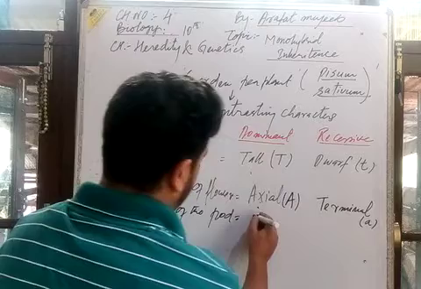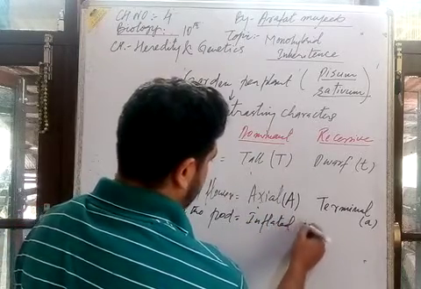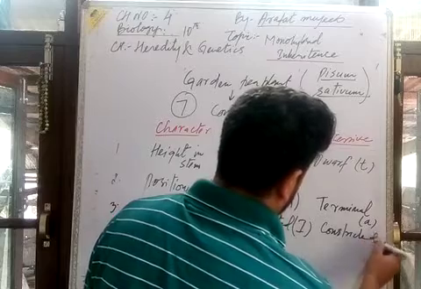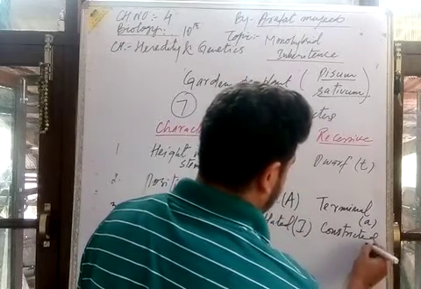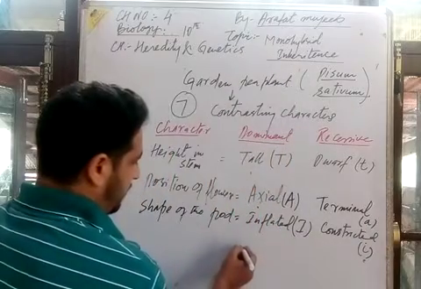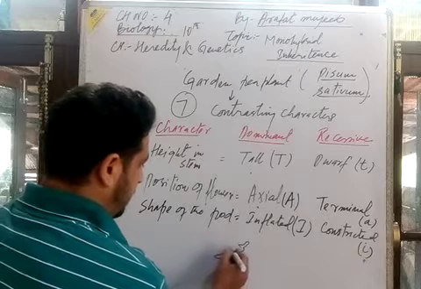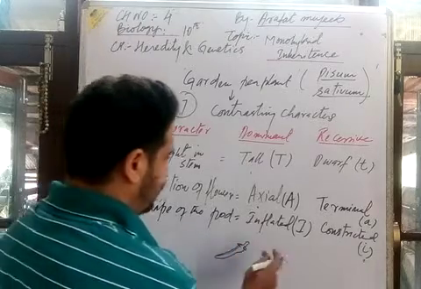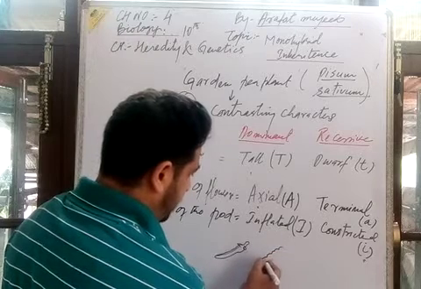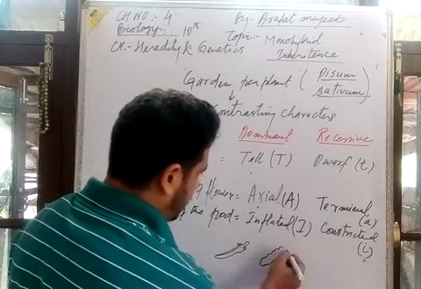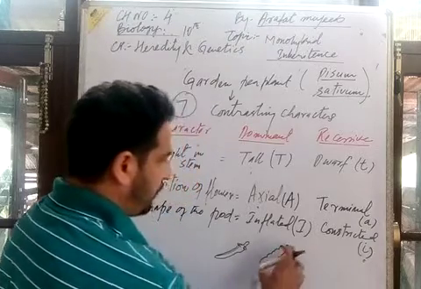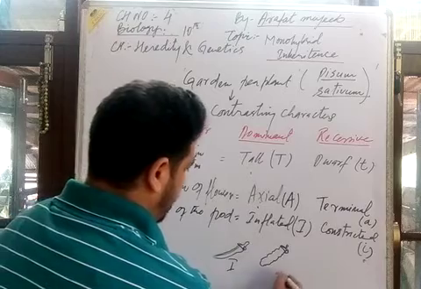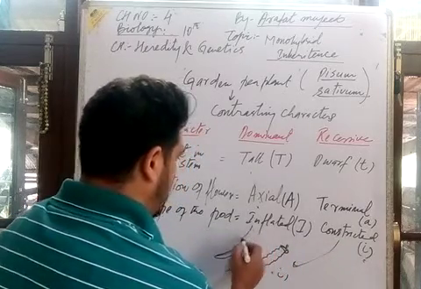What is the shape of the pod? One is inflated, that is capital F representation, and the second one is constricted, that is represented by small f. That means the pod is of this type, I will show you here in the diagram. It is a flat, inflated type in the pea plant like this. The other is the constricted form, a pod of this type, meaning bumpy like this. So one is the pod shape, in which inflated is capital F and constricted is small f. This is constricted, this is inflated.